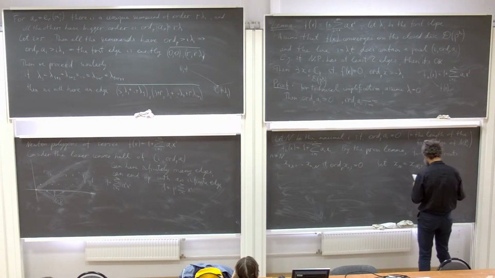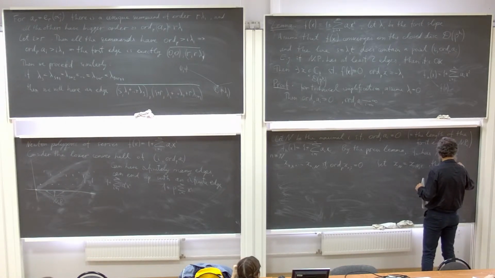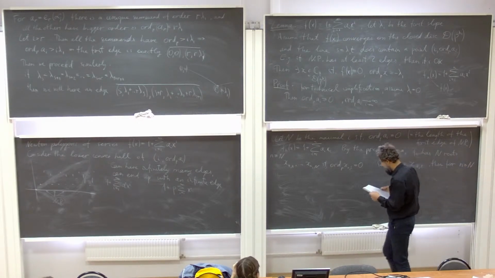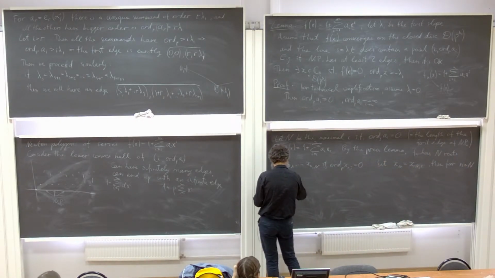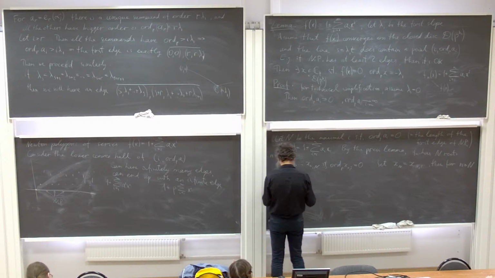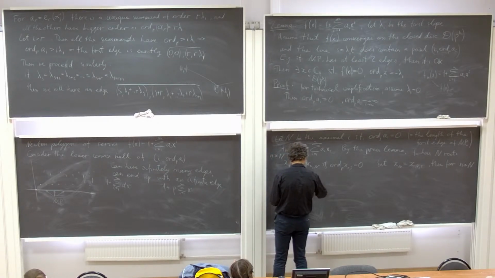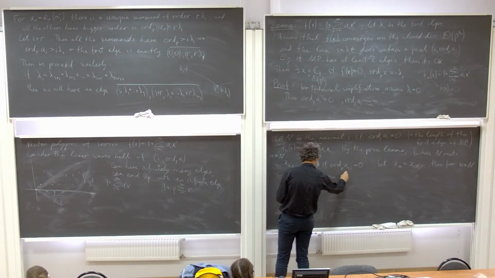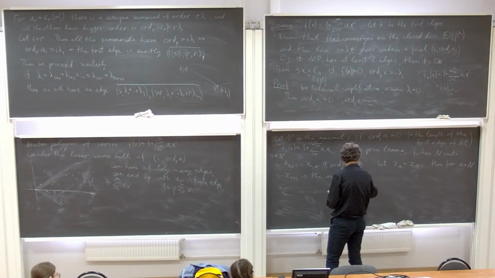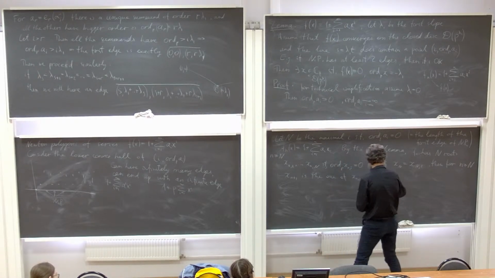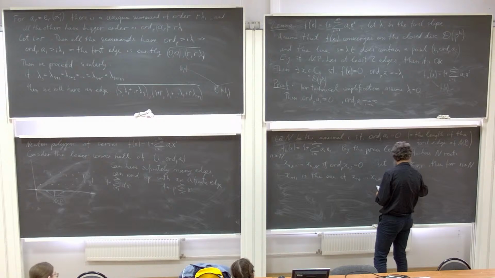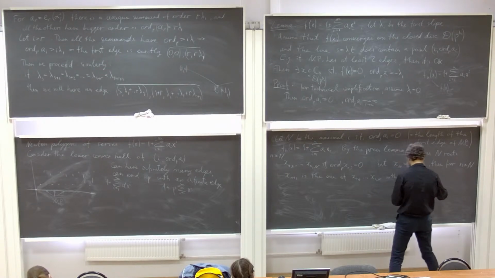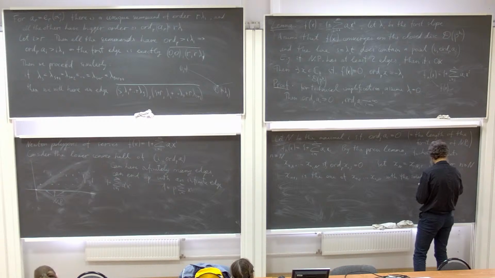And then for all the bigger small n's, we choose x recursively. x_{n+1} is the one of all those roots x_{n+1,i} with the smallest distance from the previous one, x_{n+1,i} minus x_n.